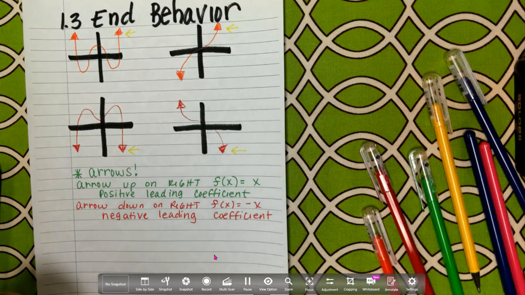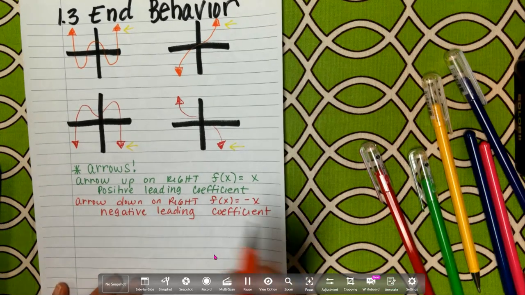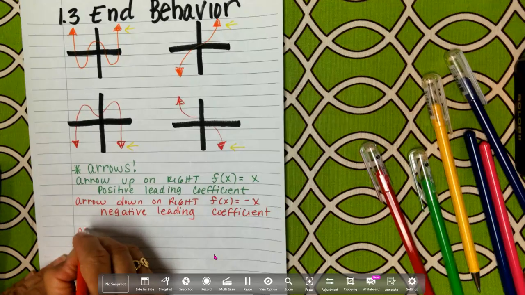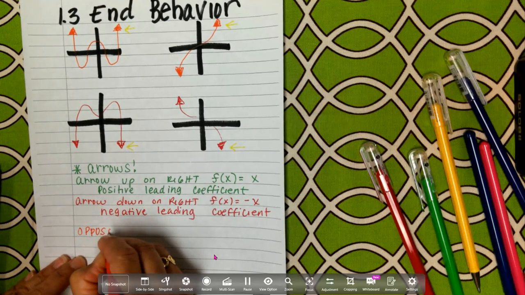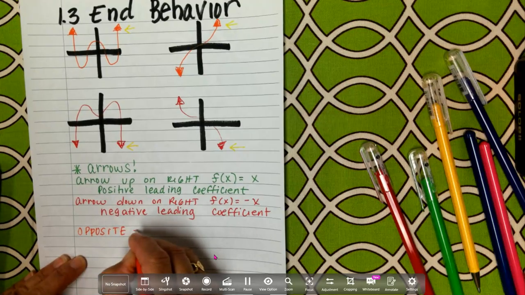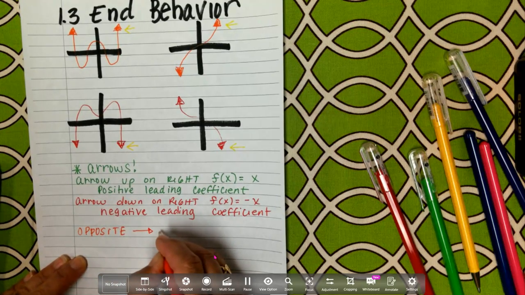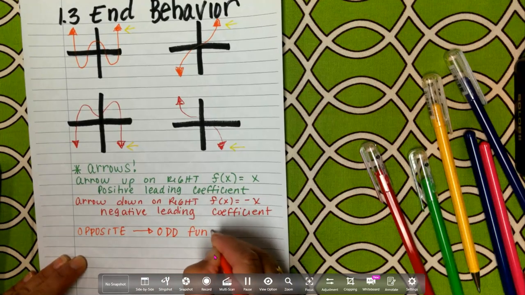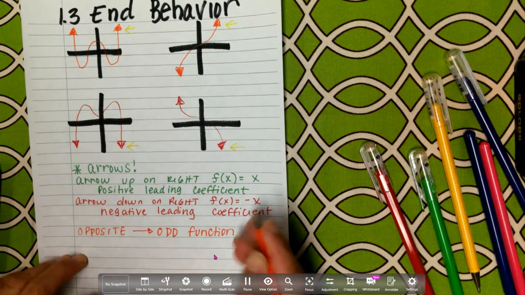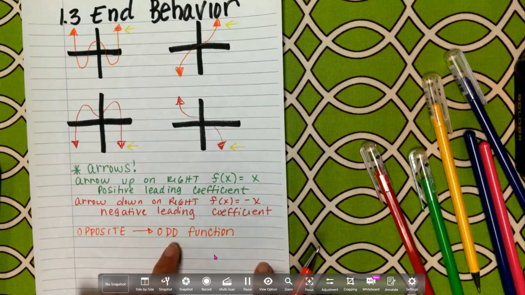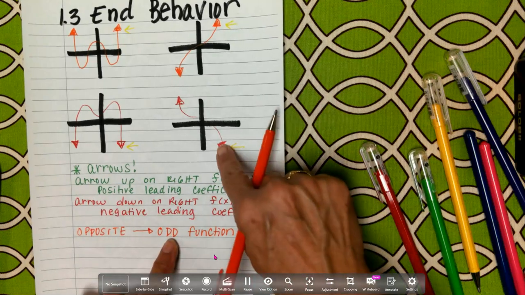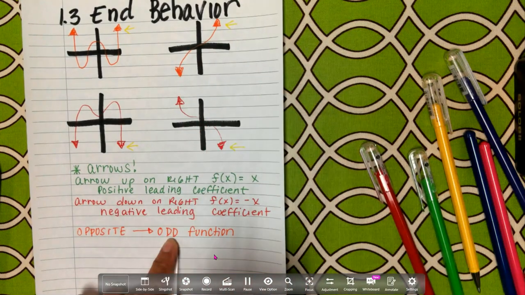So if you have arrows in opposite directions, then that is considered an odd function. Now, I'm not saying it is necessarily symmetric around the origin. I just know that this function is odd because the arrows are in opposite directions.